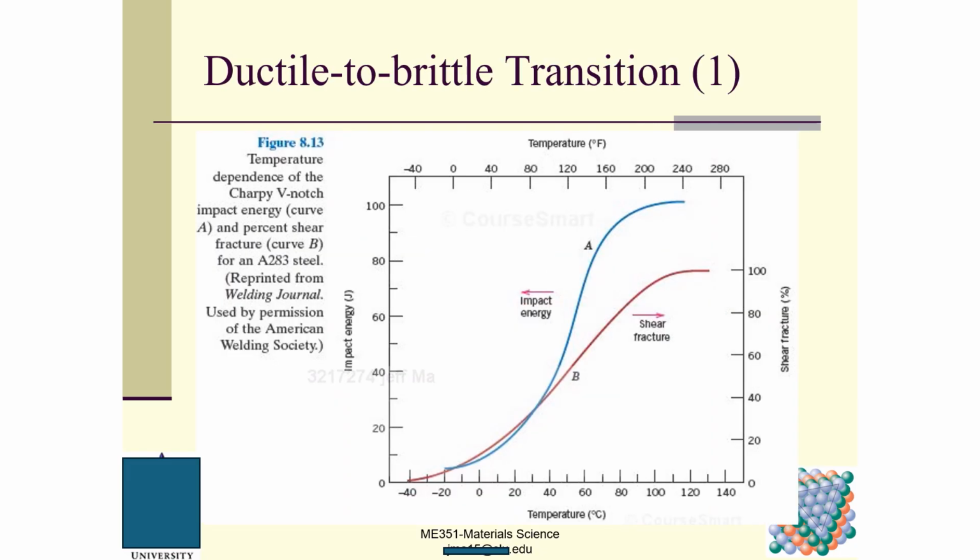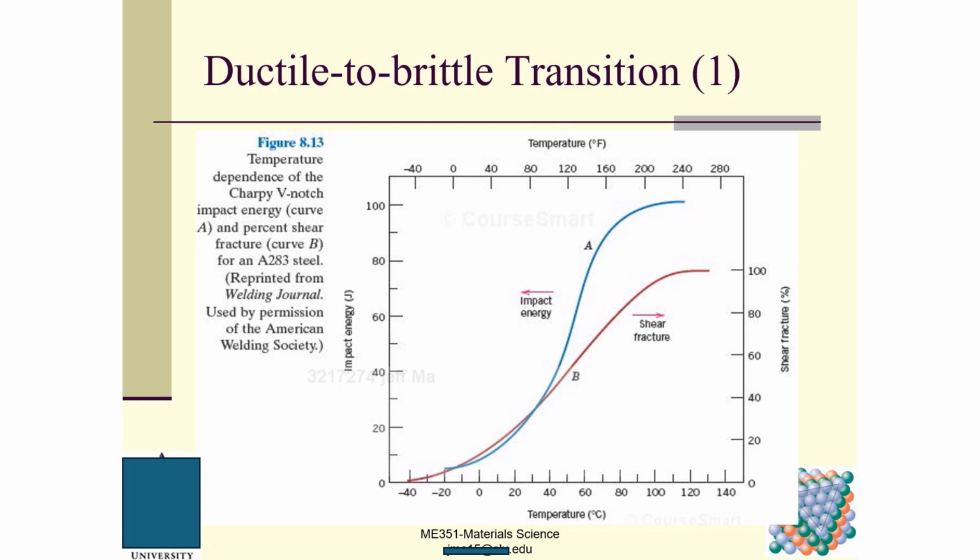And then we talk about the ductile to brittle transition. Here is the temperature. You can see that at different temperatures, the material has different impact energy. We can see clearly that as the temperature increases, impact toughness, impact energy, is increasing monotonically. This is the impact energy and also shear and fracture.